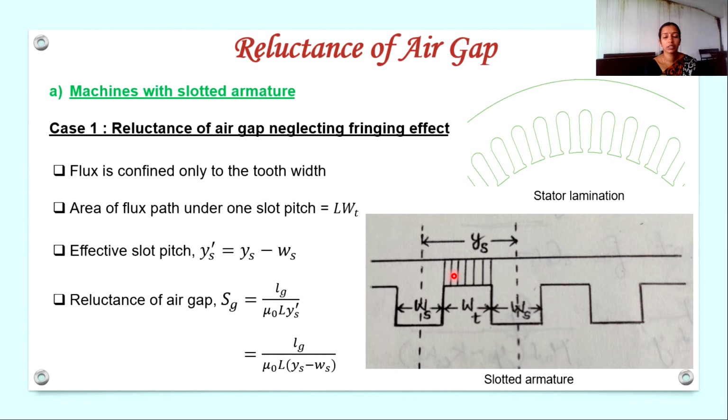Here the air gap has a very high value of reluctance. A slot is in effect an air gap, and the tooth is the iron part. Iron material always has a low reluctance. So the entire flux will be confined to the tooth width, or the flux will concentrate over the tooth.